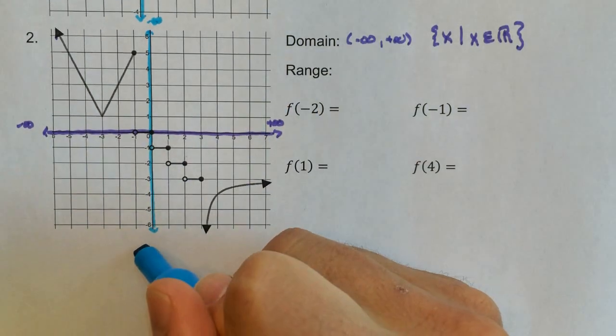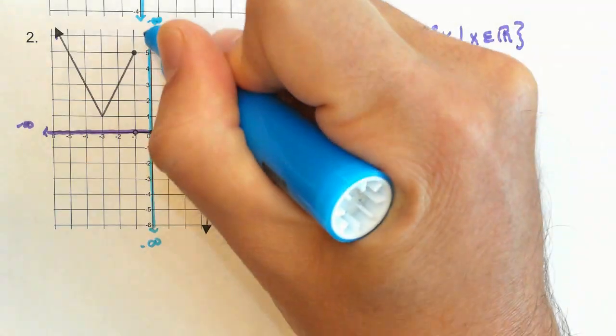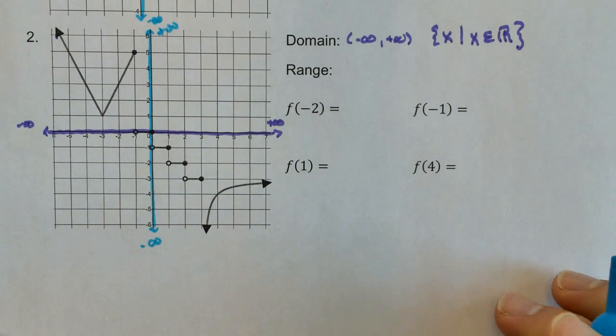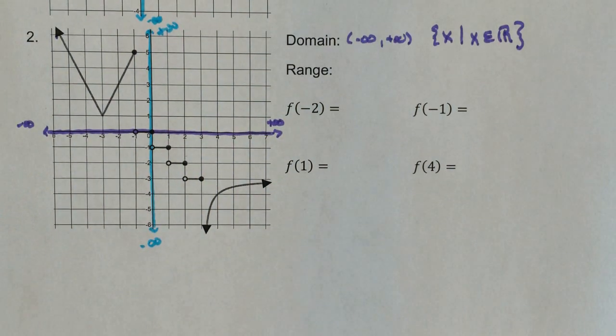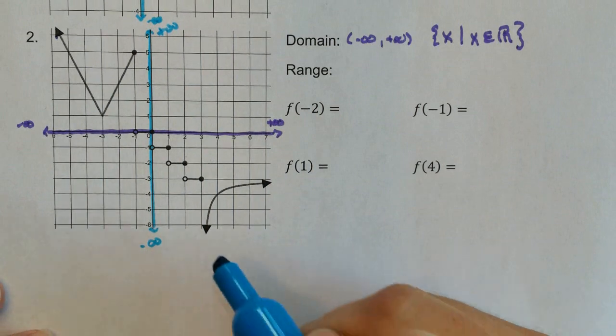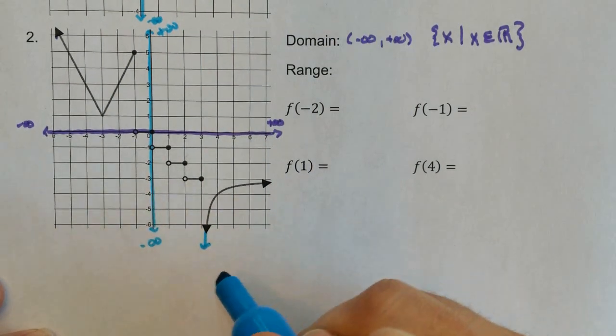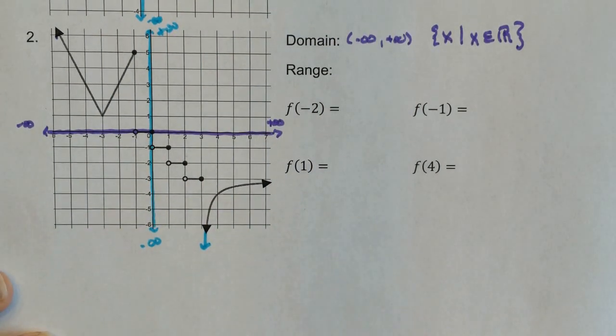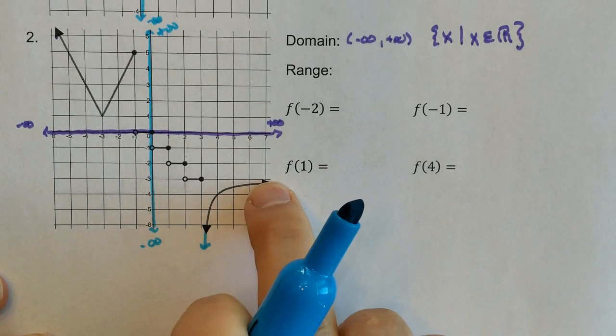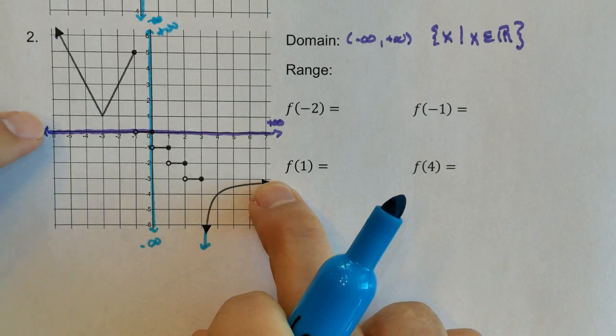For your range, we're looking at the y values from negative infinity to positive infinity. Now here's where it gets a little bit different than number 1. Yes, this arrow goes down. It's going to go all the way to negative infinity. So we would have that. But notice it starts approaching at -3.